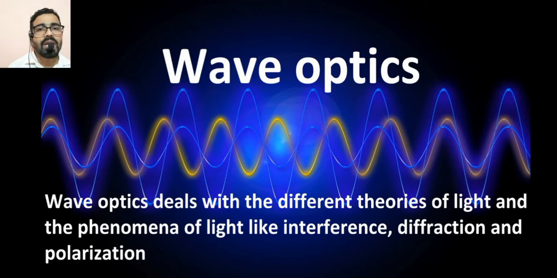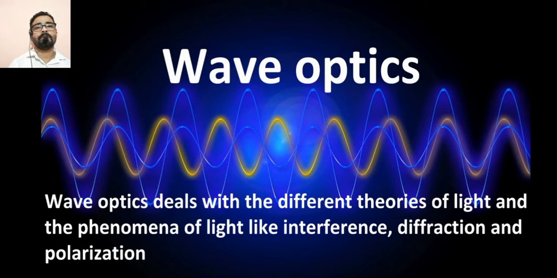The scientists were very curious about light, so they worked on it, trying to find the reason: what light consists of, what light is made up of, how light travels.